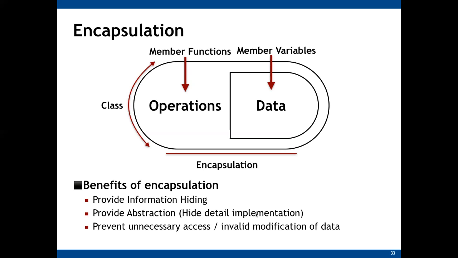We will talk about the interface in later slides. Such information hiding and abstraction prevent unnecessary access of the data and invalid modification of the data, which improves the reliability and maintainability of the program.